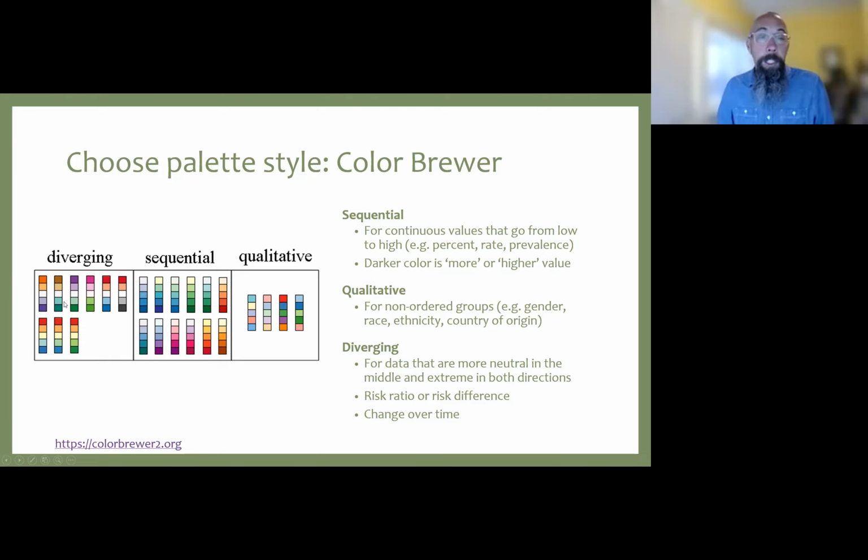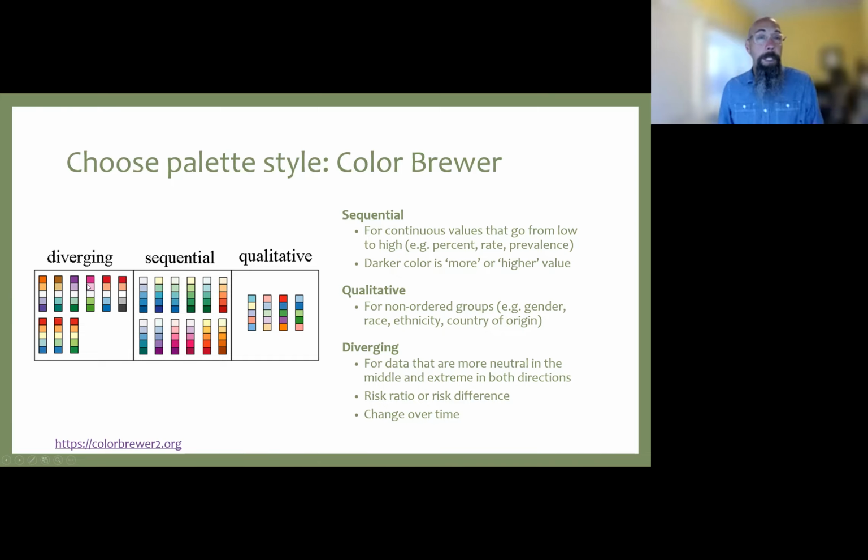Now a diverging color palette is one where the neutral color, instead of being light at the bottom, is in the middle, and the extreme values diverge in both directions. And we can highlight that by having darker hues of two different colors going out. So a light red, then dark red, and a light blue, then dark blue.